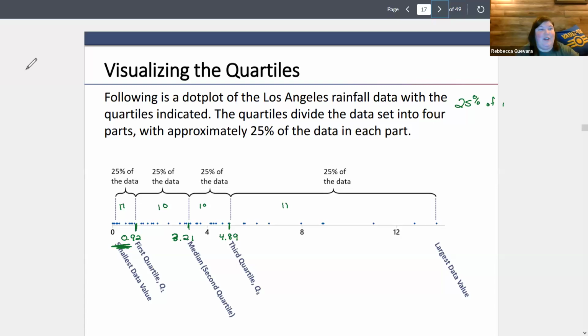So this is telling me that 25% of Februarys are going to have less than 0.92 inches of rain, that first quartile.